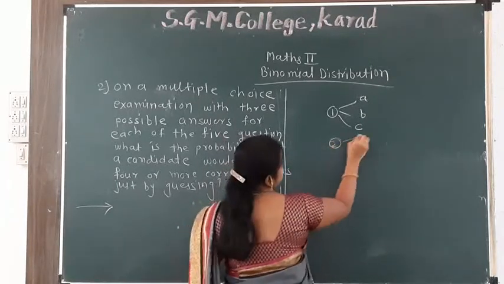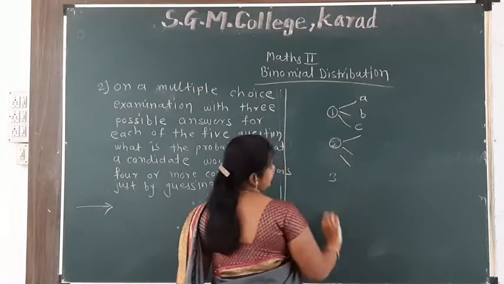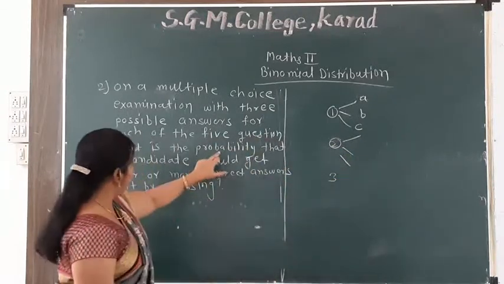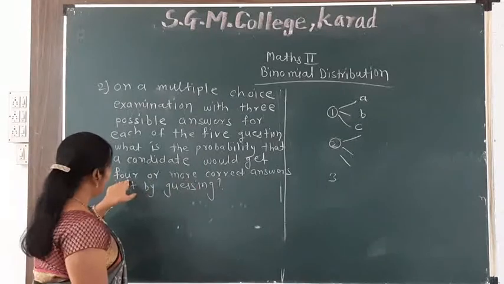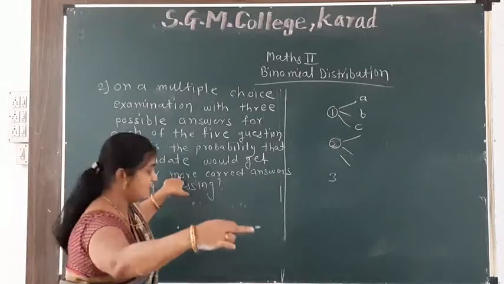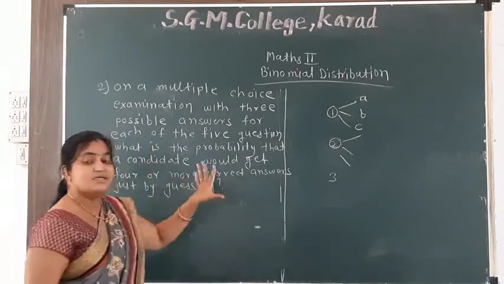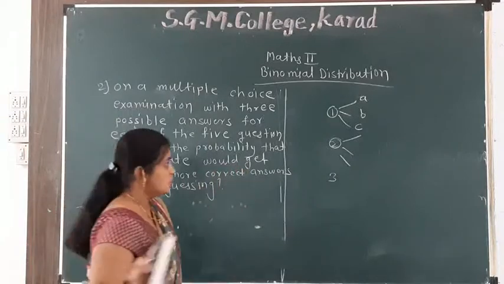Same for the second, same for the third. So I want the probability that the candidate would get 4 or more correct answers by guessing.